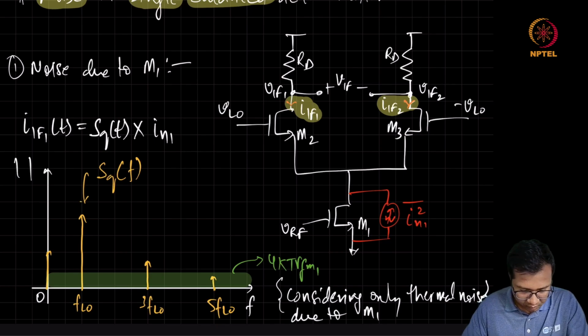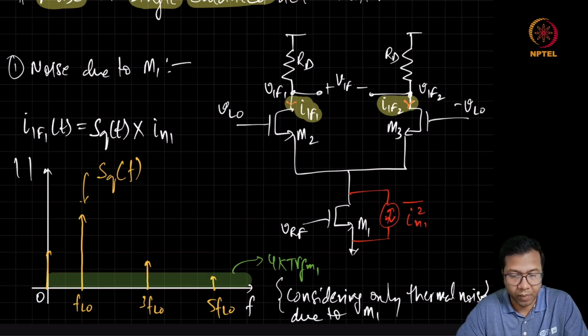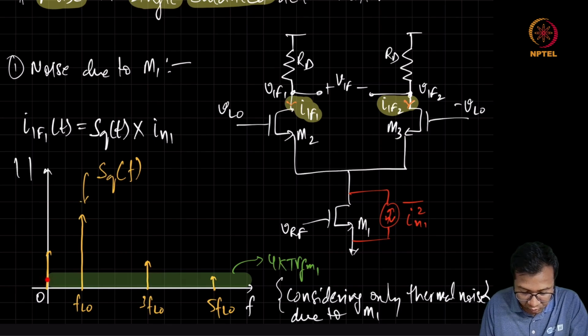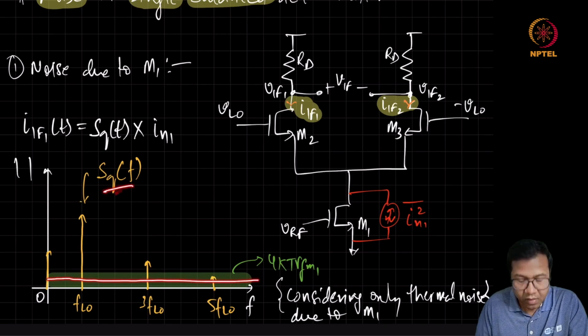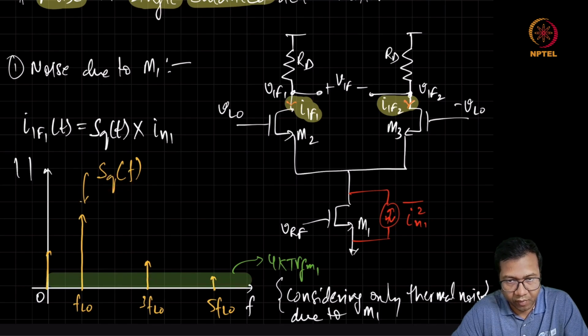Okay. So if these are the two spectrums, of the square wave and the noise, after convolution, again we will see the same kind of spectrum, but the power of this spectrum is going to be scaled by what is the power of this square wave.